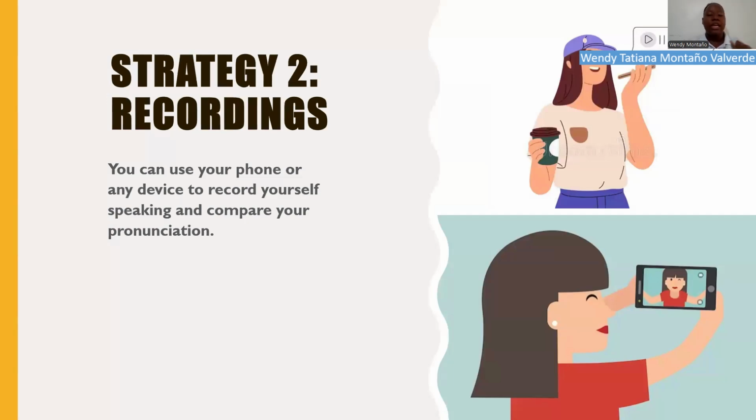This is very helpful because sometimes we think we are pronouncing correctly, but when we listen to ourselves, we notice small differences. And that's completely normal. Making mistakes is part of learning. The important thing is to try again and improve step by step.